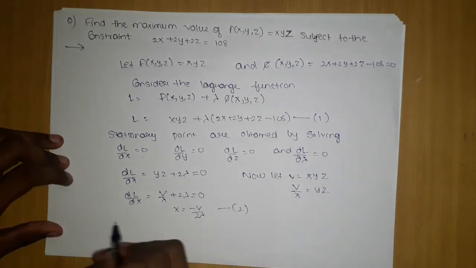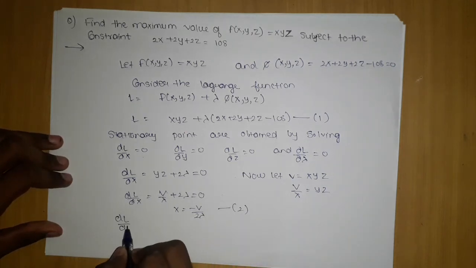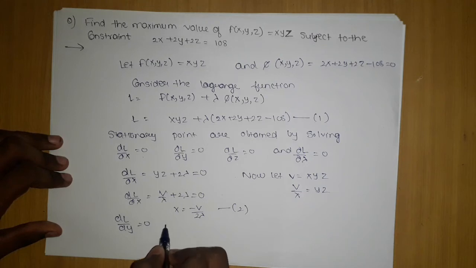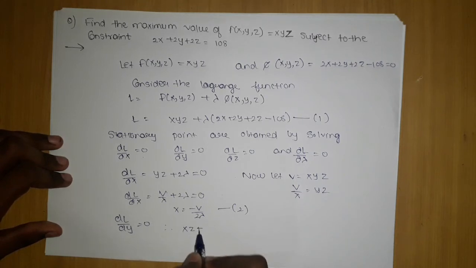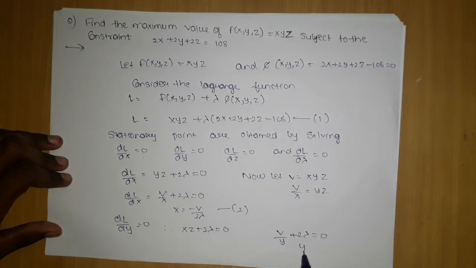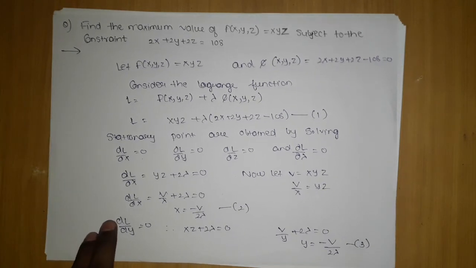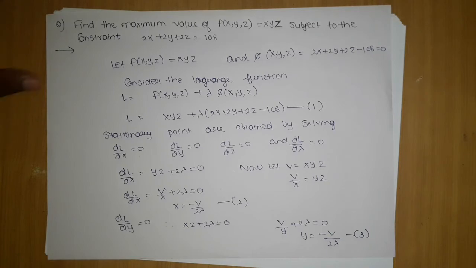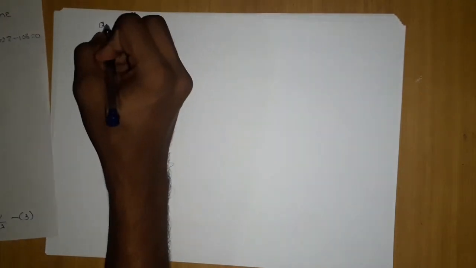Call it equation 2. Dou L by dou y equals 0 is nothing but xz plus 2 lambda equals 0. Similarly, here you can write v by y plus 2 lambda equals 0, which will give you y equals minus v by 2 lambda, which is equation 3. Now let's go for dou L by dou z.